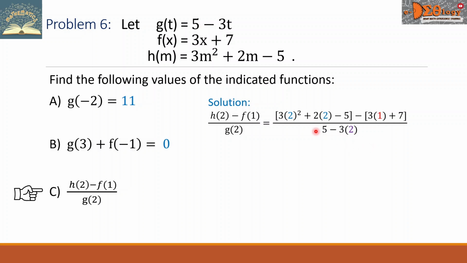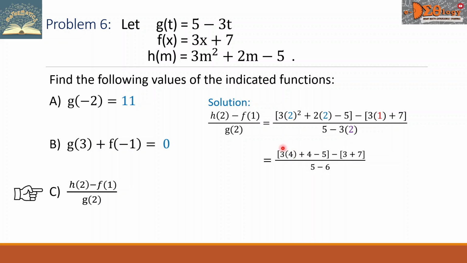Let us now simplify. The 2 squared here is 4. Later we multiply by 3, plus 2 times 2 is 4. Then we copy negative 5, minus 3 times 1 is 3 plus 7, all over 5 minus 3 times 2. That is 6.